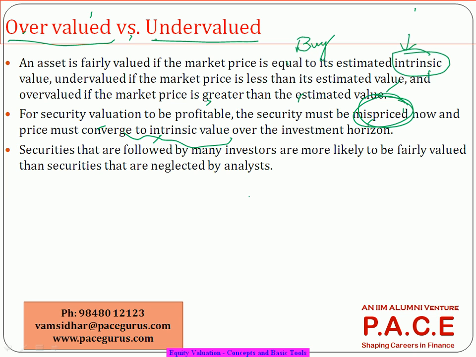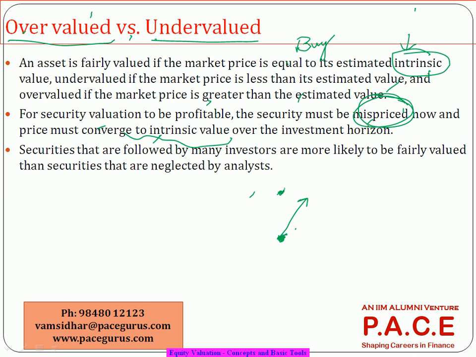The prime intention is: today this is our intrinsic value and this is the market price. The market price is cheaper, so what will we do? Undervalued, so we get into a buy decision. Because a lot of people like us are thinking like this, there is a huge buying that happens, which will actually increase the price.